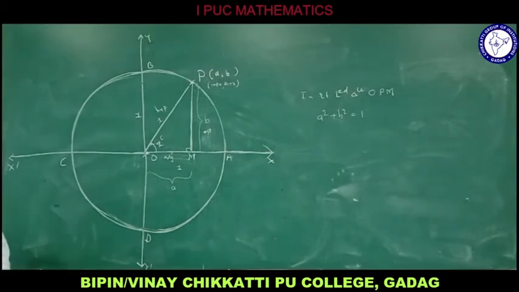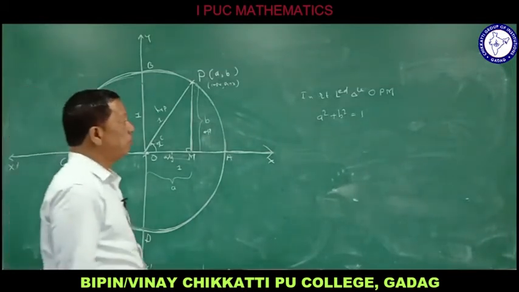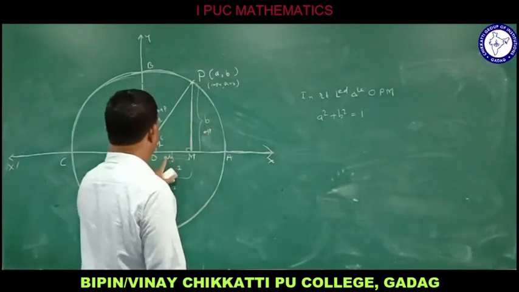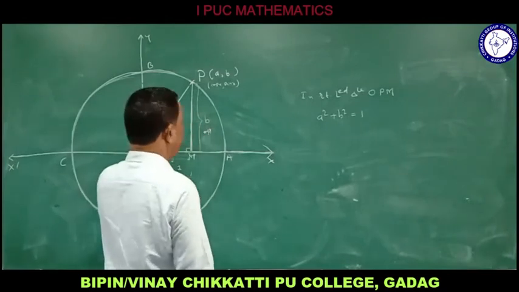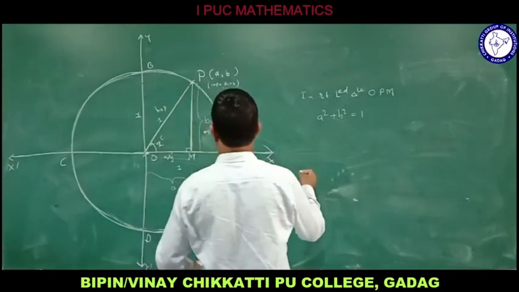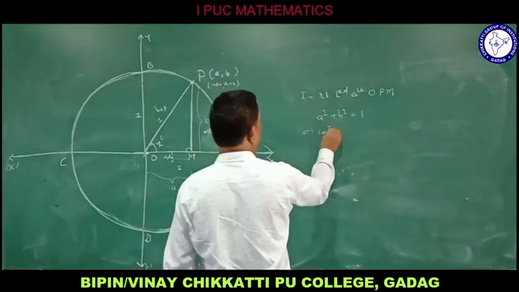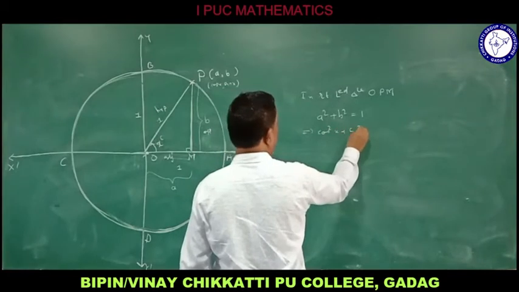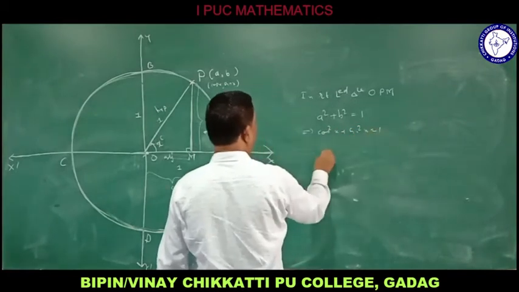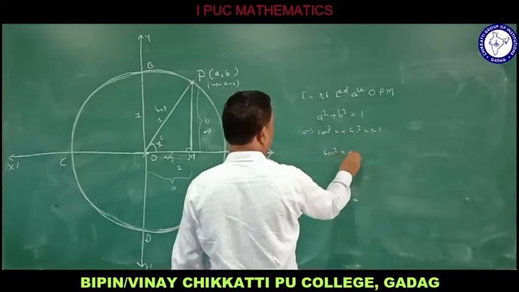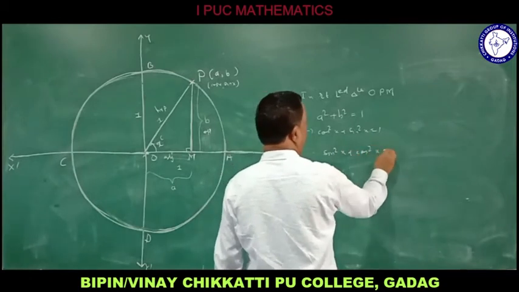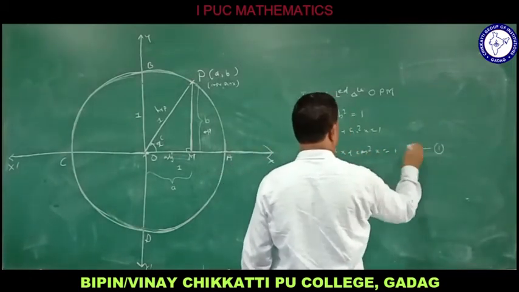And a is cos x, b is sin x, so sin square x plus cos square x is equal to 1. One identity, you got it.